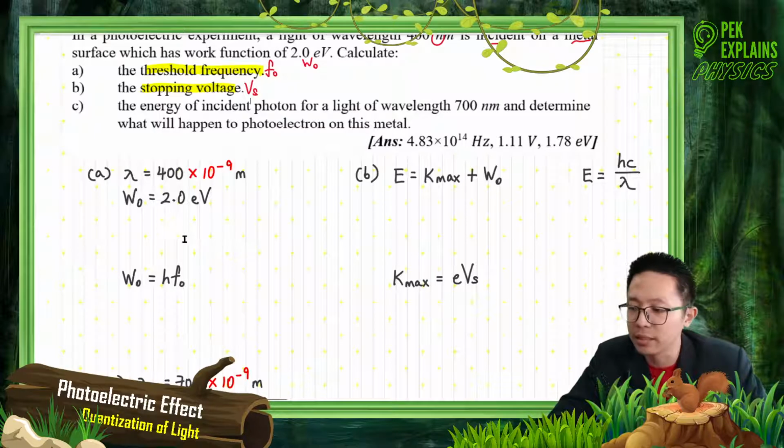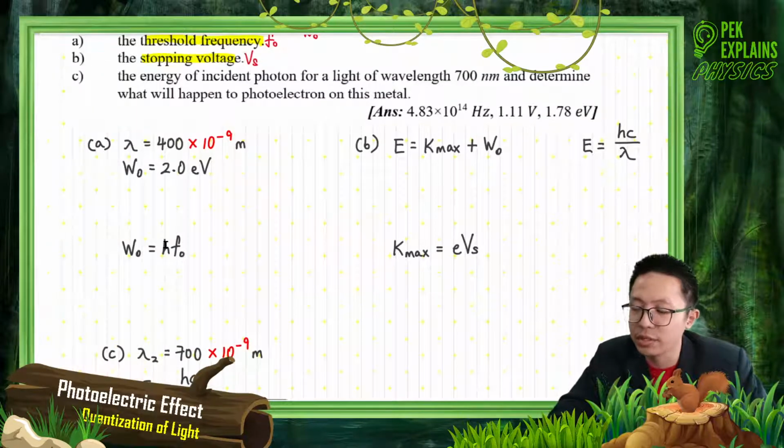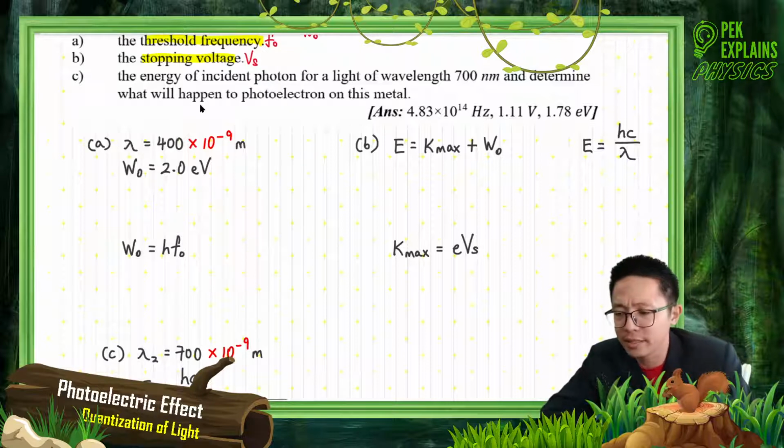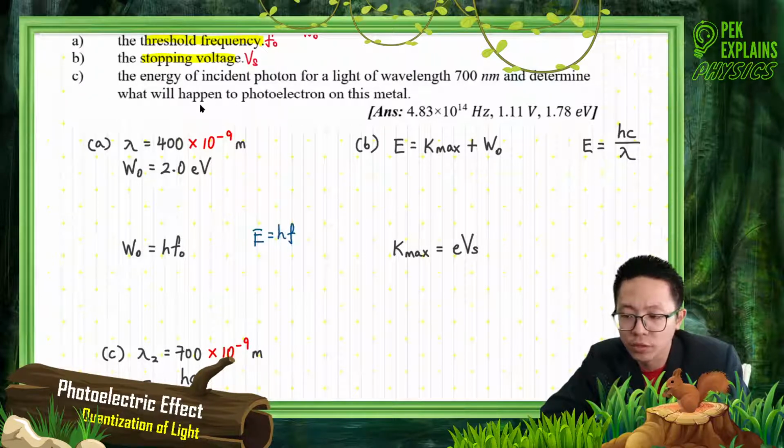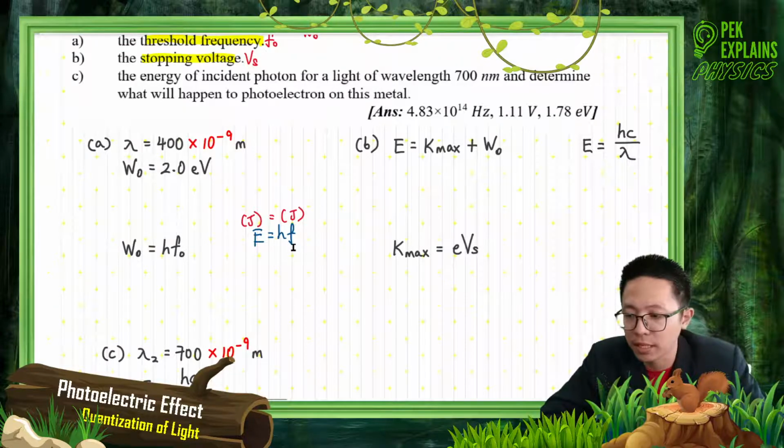But the thing is, this equation is the same as the equation before, about the energy of the incident photon. As I said, this equation must be in joule because both sides are joule. After multiplying, H itself is joule second, F itself is per second, so the right hand side here is joule.